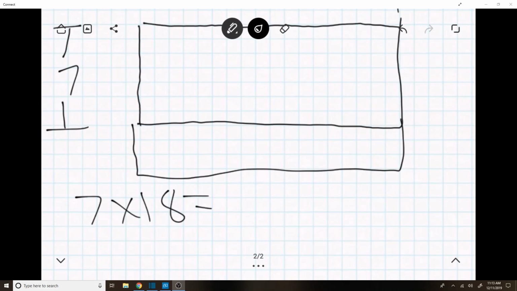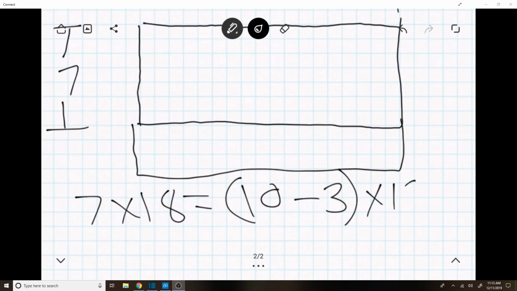which is the same as 10 minus, was it 3, times 18? So if we're gonna do this multiplication, we need to distribute the 18 by these two different numbers.